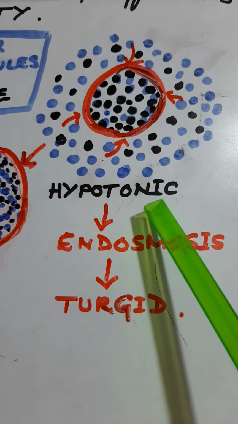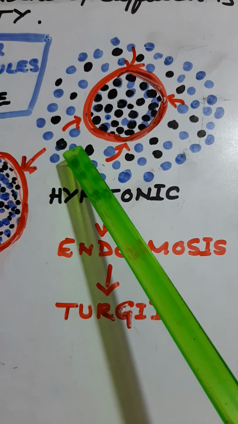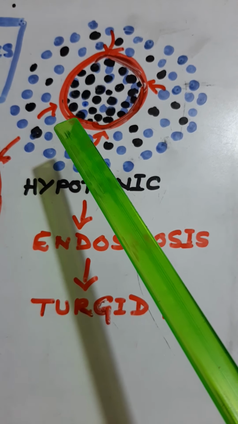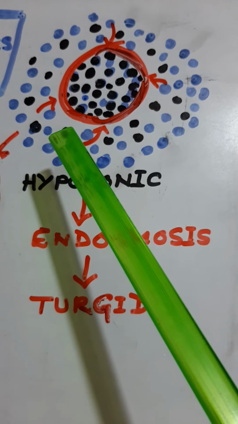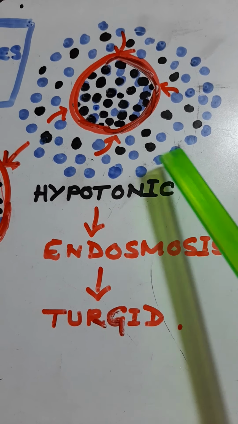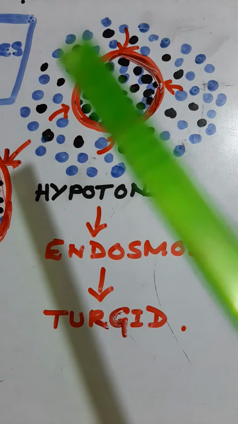So this type of water moves... now you know the definition of osmosis, it always moves from its region of higher concentration. So water will move from outside to inside of the cell.